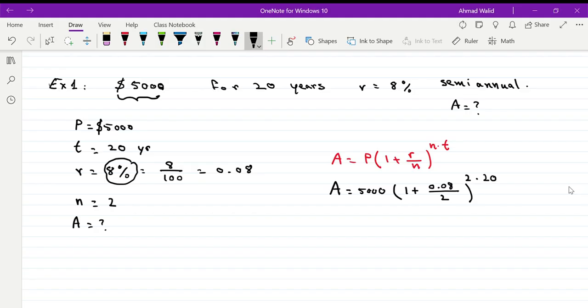Now, with different colors, I will show you the steps where to start working with these numbers. Some people make this huge mistake. They want to multiply this 5,000 first. Wrong, I cannot do that.